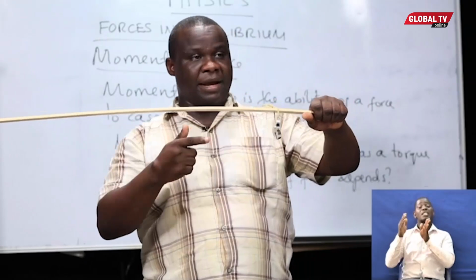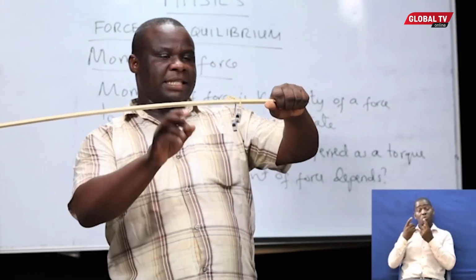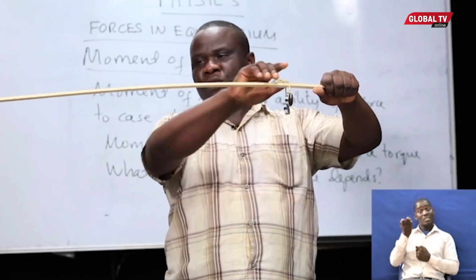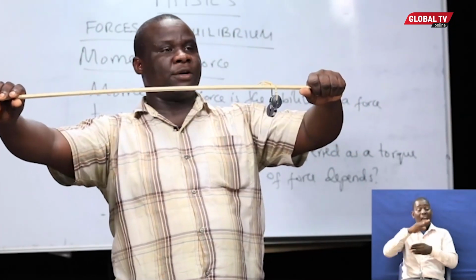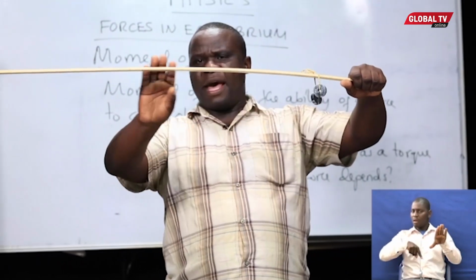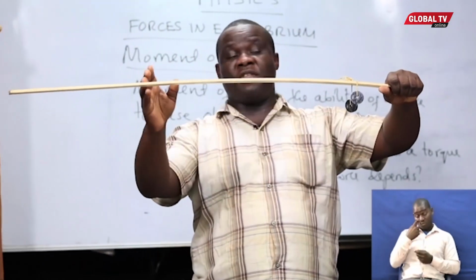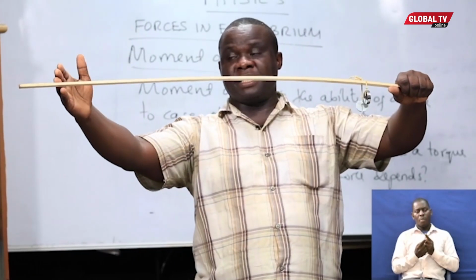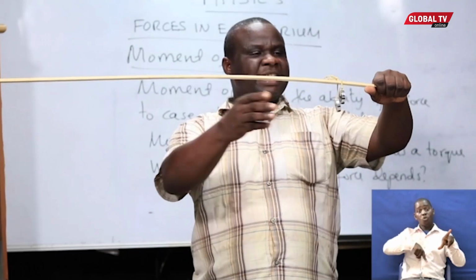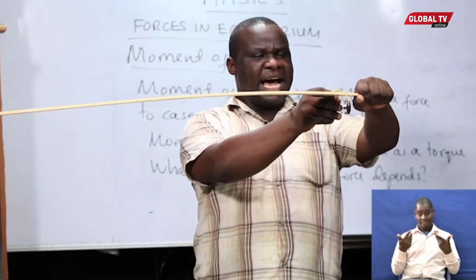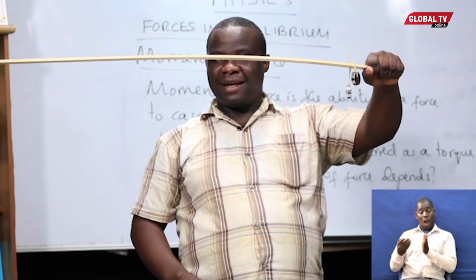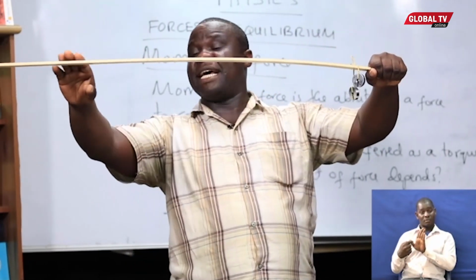I am going to see it in detail, but now just see that this is a force attached to this meter rule, and I am going to change the positions of the mass over different positions of this ruler. Then you are going to see what happens. Initially here, the mass is near to the pivot point. What do you see here? The ruler is just straight.